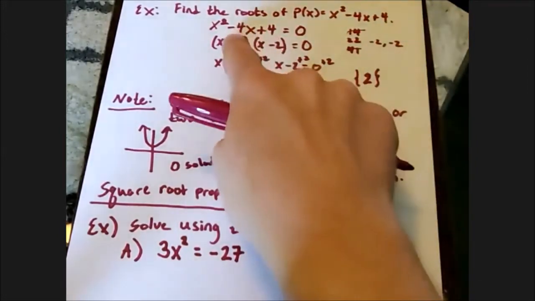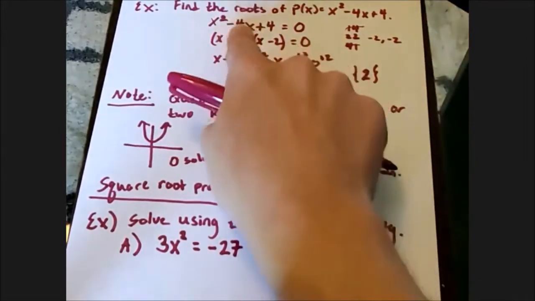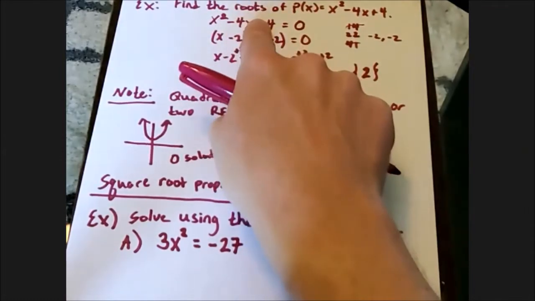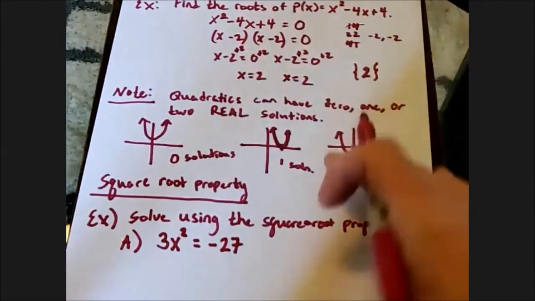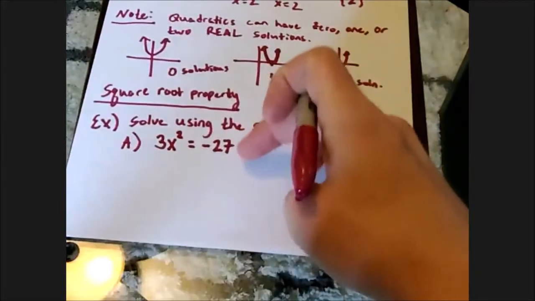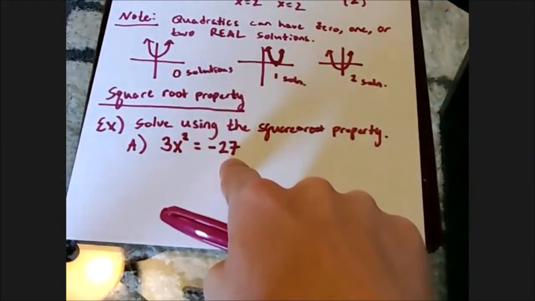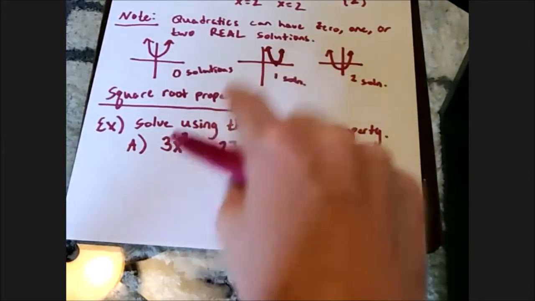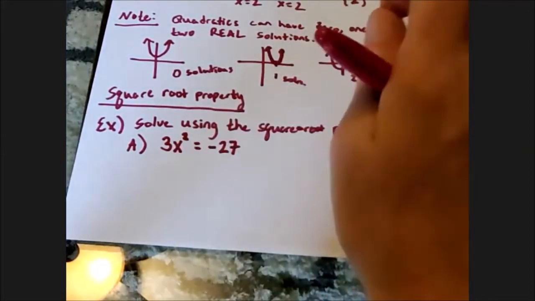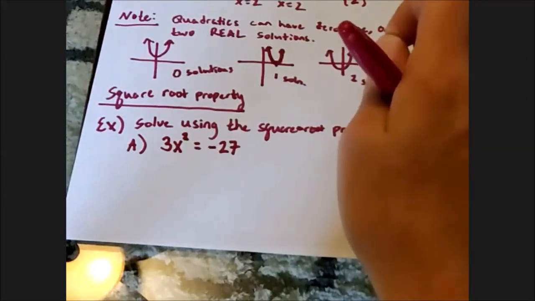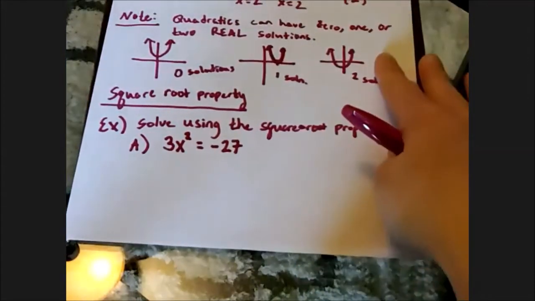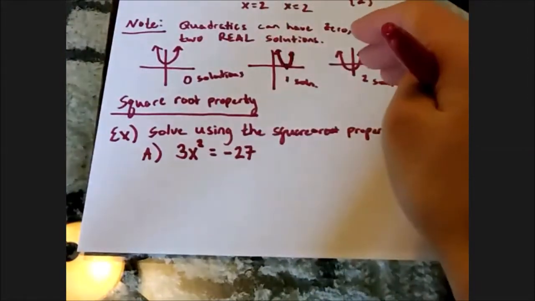What I'm talking about is this one had a b term, right? It had negative 4x. We're looking for that linear x value. This one just doesn't have that. You have your a and your c of the quadratic. The b term is missing. If that's the case, then you can use the square root property to solve, and it will be way faster than doing factoring or any other method.